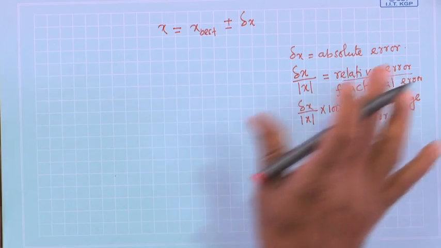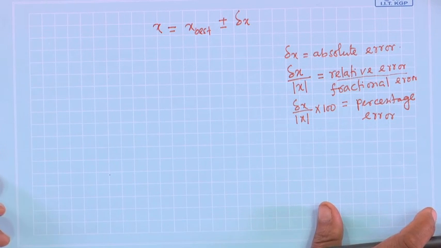This relative error we also call the fractional error. So you can express your error as absolute error, fractional error, or percentage error. But generally we find a convenient way to express the error.